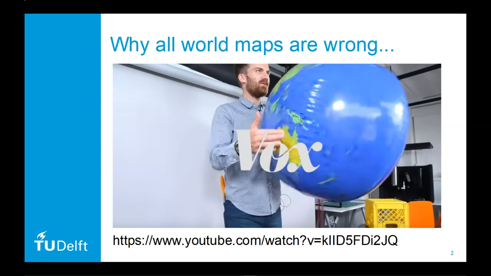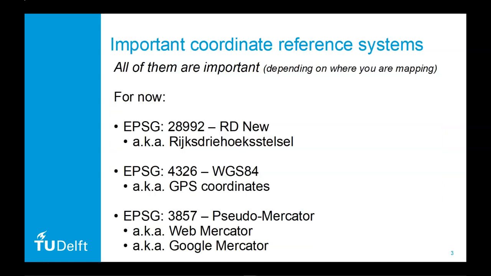For now, we're using QGIS, and there's just 3 coordinate systems that you really have to know about. That is the Dutch Rijksdriehoekstelsel, the coordinate system of the Netherlands. That is the one we're using most in the Netherlands. And then there's 2 international ones. There's what we call the GPS coordinates, World Geodetic System, 4326, that is being coded.